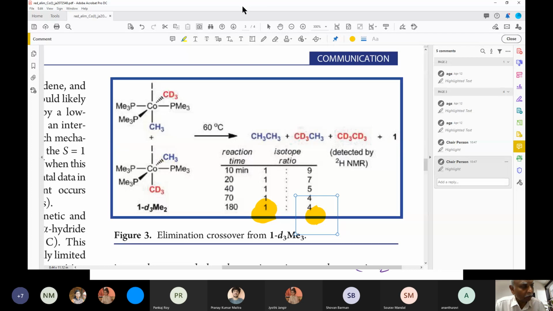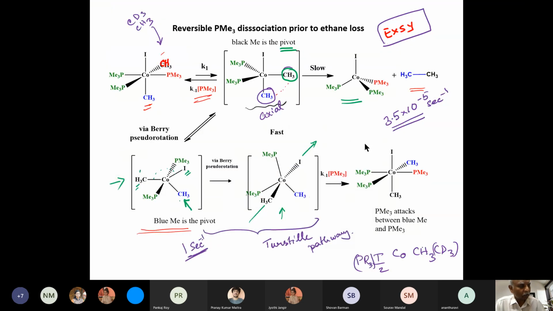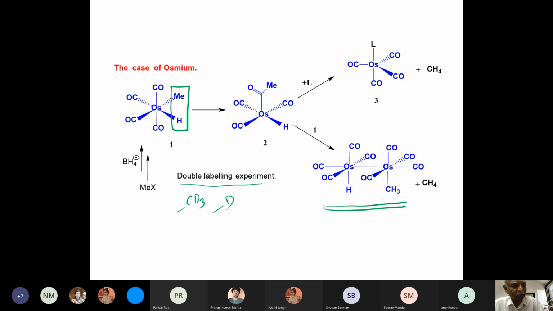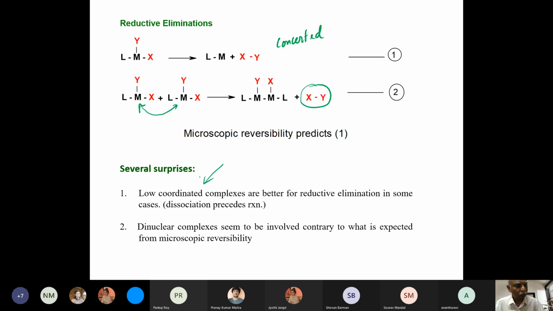Okay, let me remove this from the screen and tell you that this was not unexpected, because in the 1970s, it was already studied in the late 70s and 80s. They showed that low coordinated complexes are better at reductive elimination.